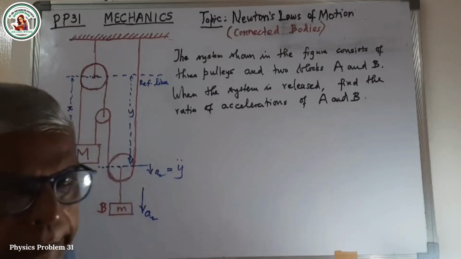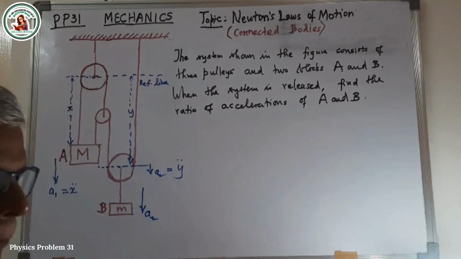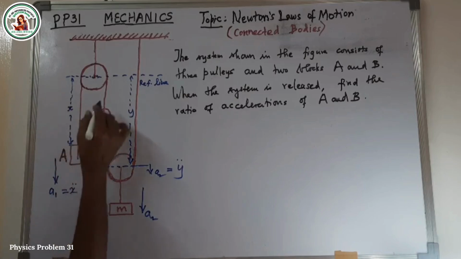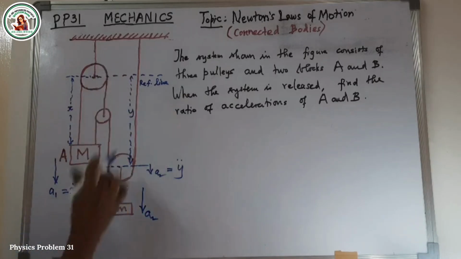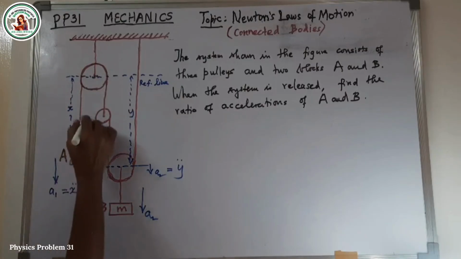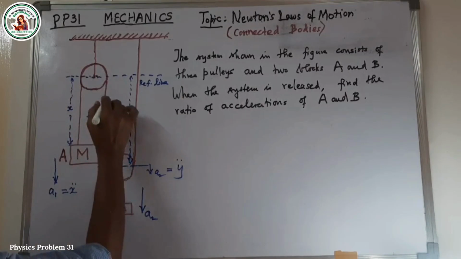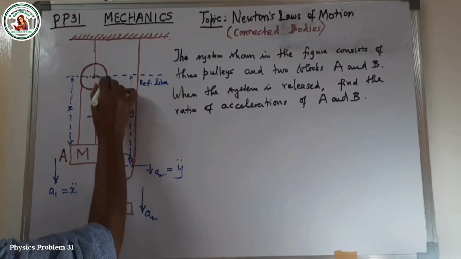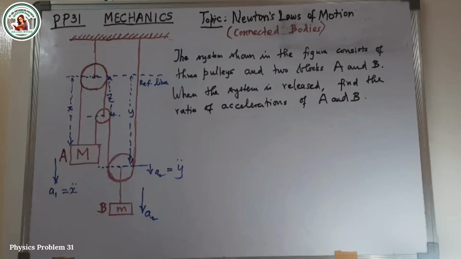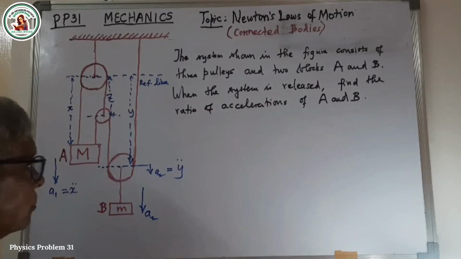One more distance we have to mark, because this length depends on this variable length also, from here to this. I will mark it with another symbol, Z. Although Z will not be involved in our answer, we have to make use of it.